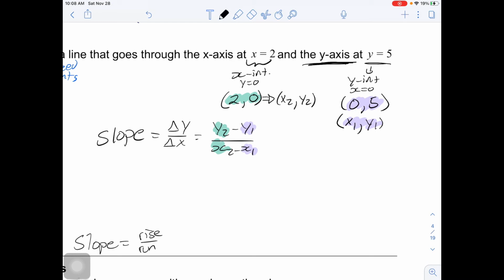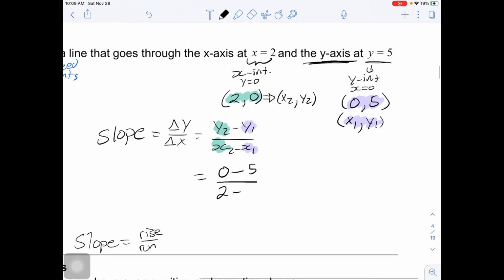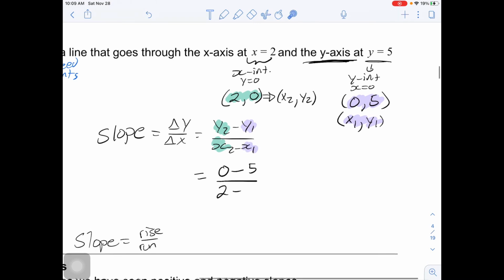Okay, so now let's plug this into our formula. I have decided that y2 will be 0, so this will be 0 minus y1, which is 5, dividing, and then my x2, which is 2, subtracting my x1, which is 0.